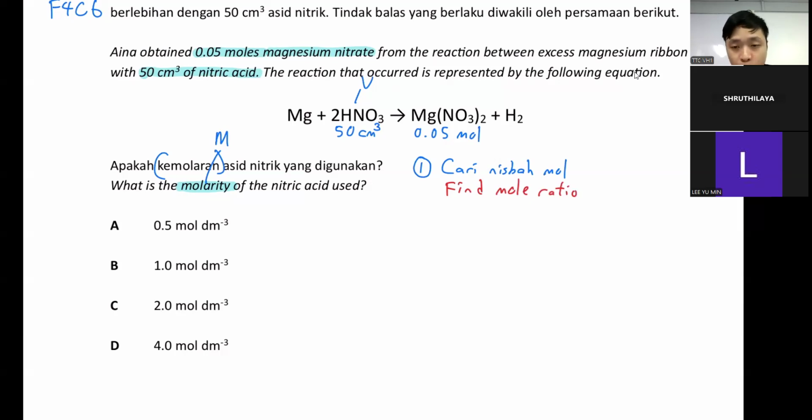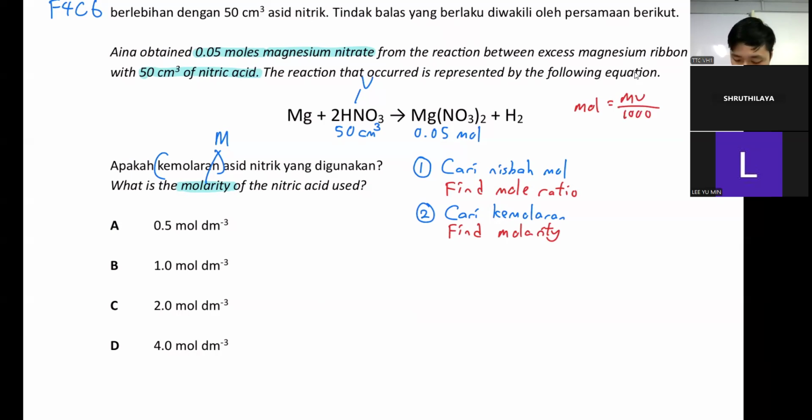Second step, in Malay is cari kemolaran. It's called find molarity. So you only have to use one formula here. The formula is mole equals MV over 1000.